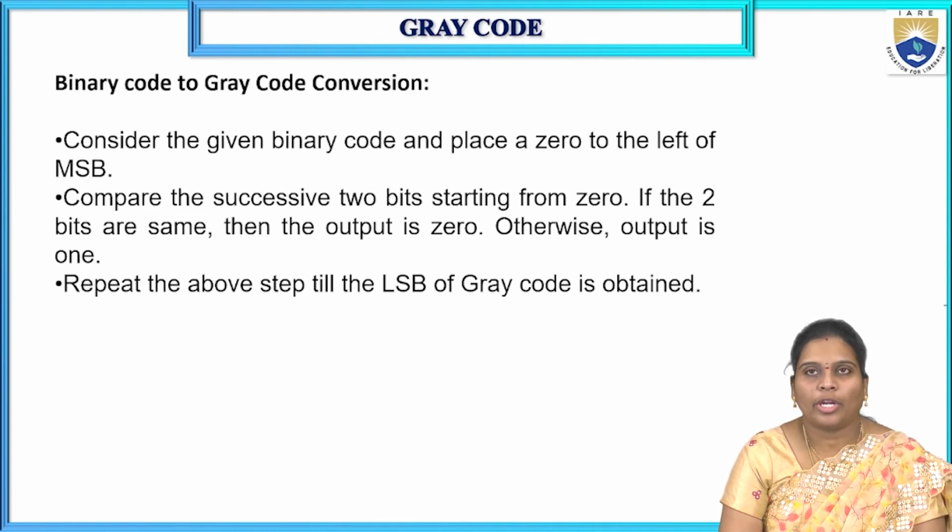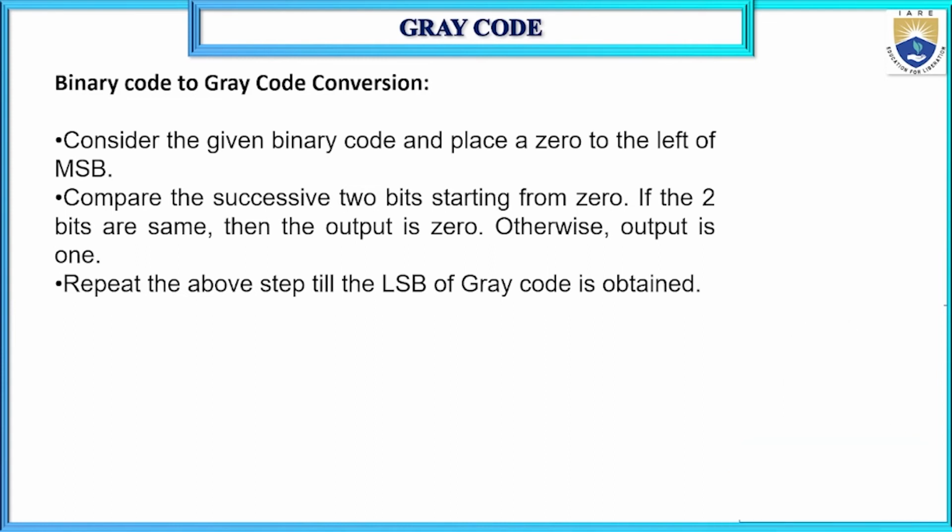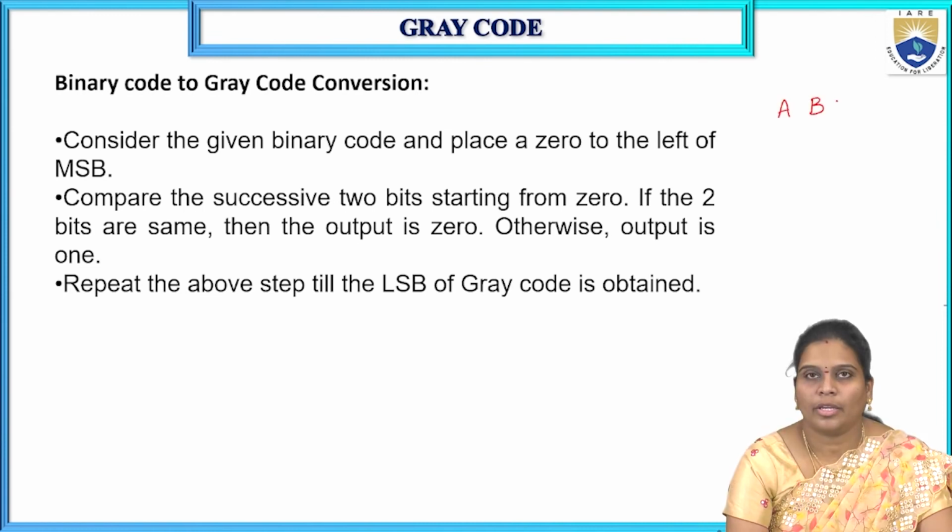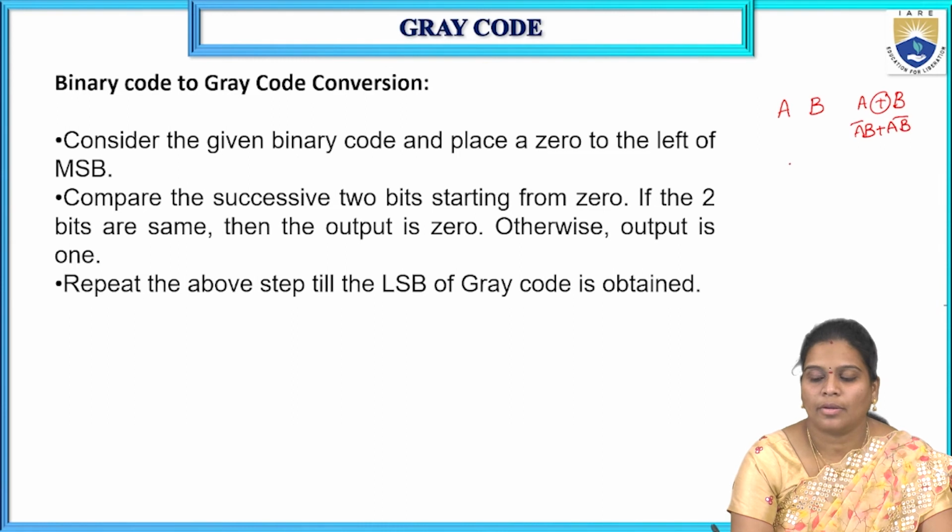Generally in binary to gray code conversion, we apply the XOR gate. A and B are the inputs, and the output is A XOR B, which is A bar B plus A B bar. The inputs are 0 0, 0 1, 1 0 and 1 1.